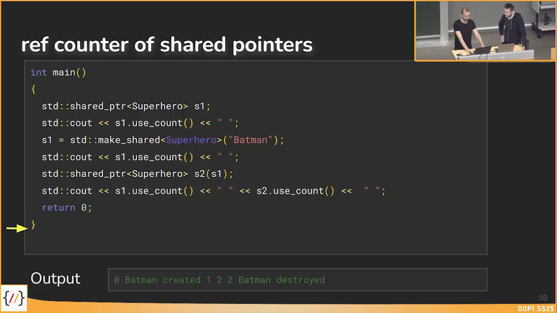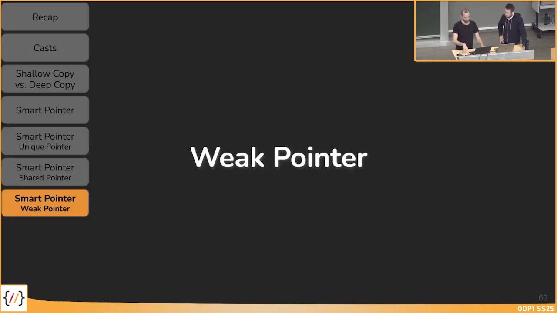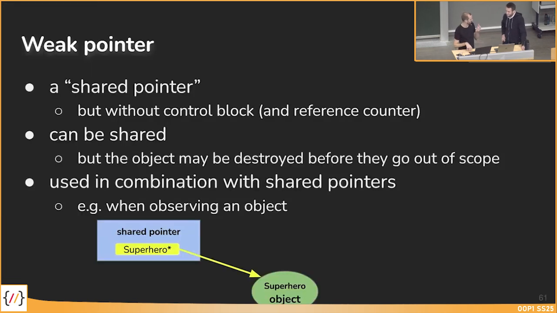And then of course the object gets destroyed when it's out of scope. But there is one more pointer, the so-called weak pointer. And again, I don't know if I've ever used it, to be honest. Again, you kind of trick the shared pointer a bit. It is pretty similar to a shared pointer, but it does not increment the reference counter.